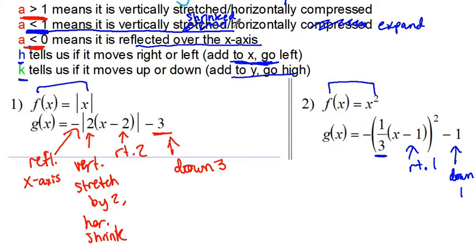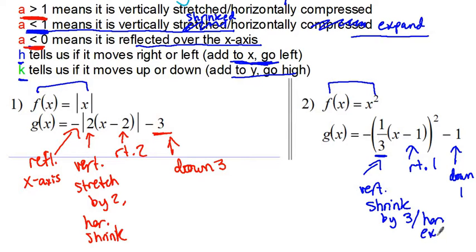That means it's going to vertically shrink by a factor of 3, unlike the other one, which was vertically expanding, which means horizontally it will expand by the same factor. HOR means horizontal. And finally that negative means it's going to reflect over the x-axis. So let's graph it and verify that it agrees with what we said.